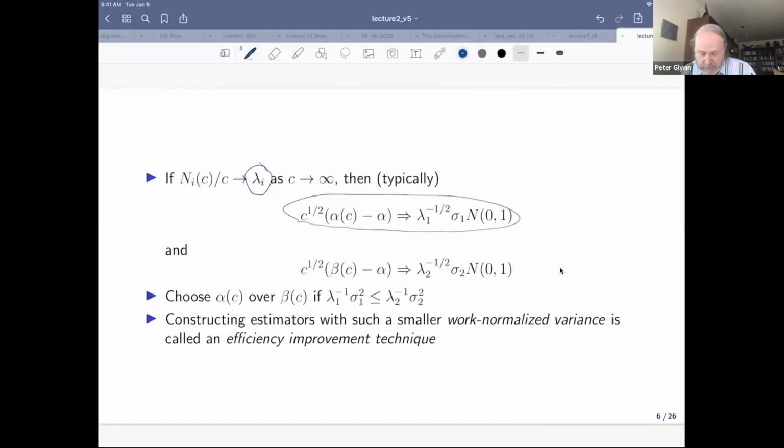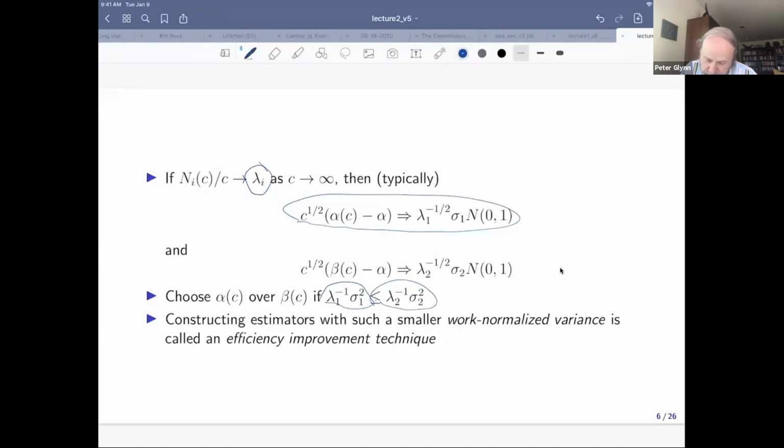So based on having C units of computer time available, we obviously want to choose the estimator which is better. And now we would choose estimator number 1 over estimator number 2 if its corresponding variance parameter is smaller than the second one. Now in the case where the estimators are obtained by just taking sample averages of IID quantities, that's the sort of plain vanilla Monte Carlo context.